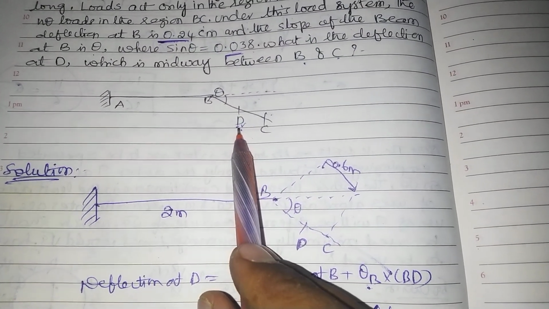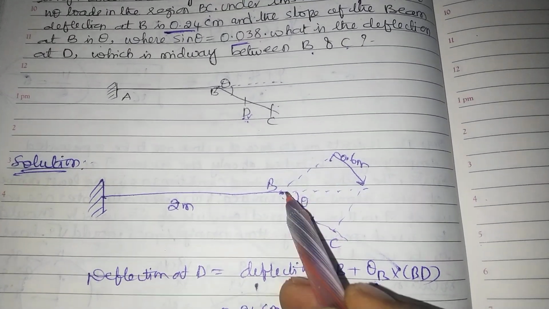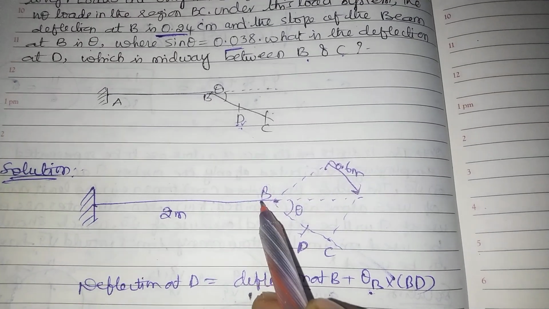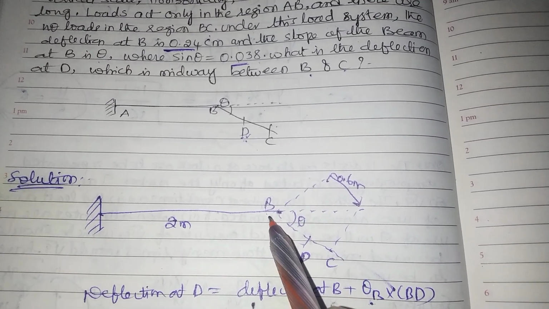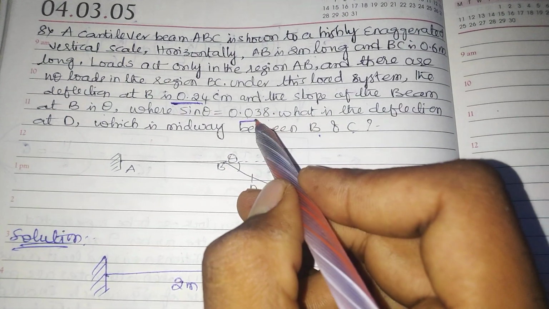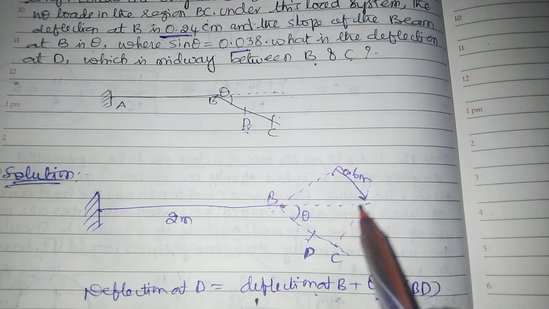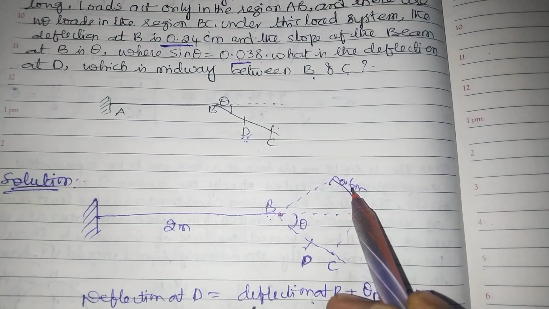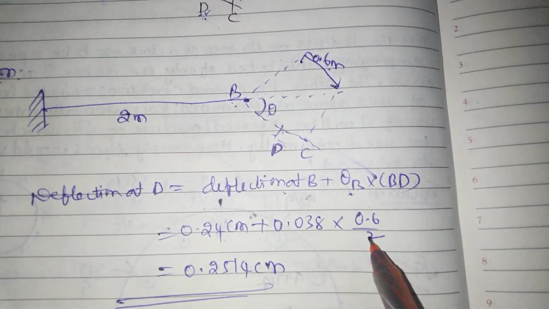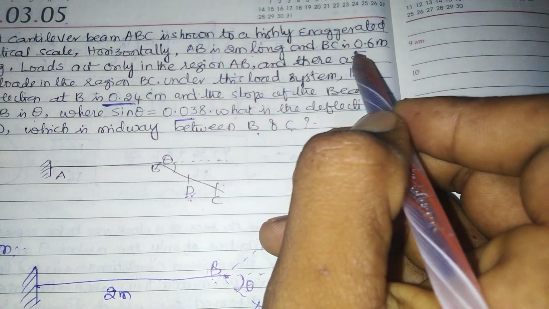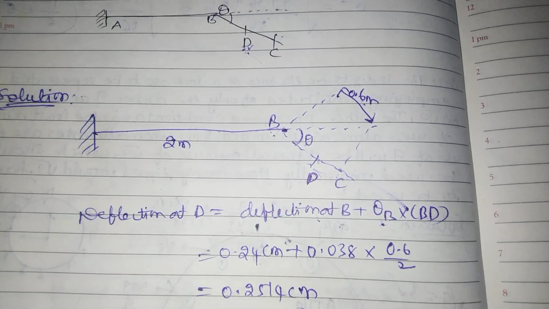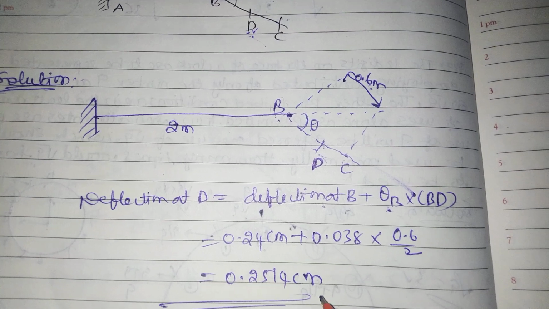First, they have given how much deflection at B, 0.24 centimeter, and the angle, how much angle it makes, 0.038. For that one, BC they gave 0.6 meters, but we only have to calculate BD, right, up to D. So to make it half of 0.6, we halve it, then add. For adding, the answer we get is 0.2514 centimeter. This is the answer, and thank you.